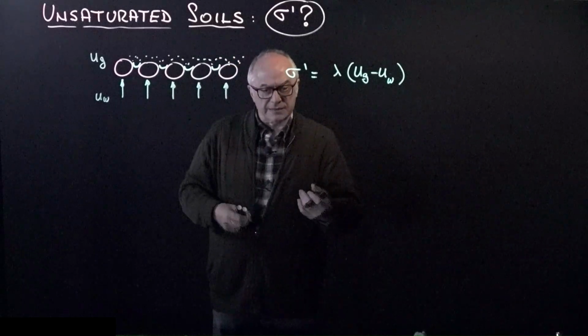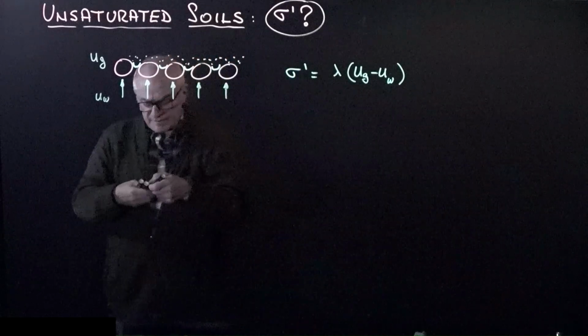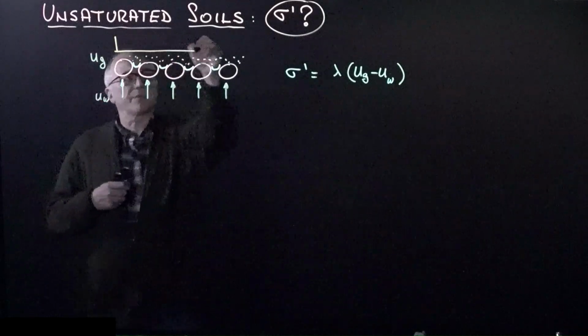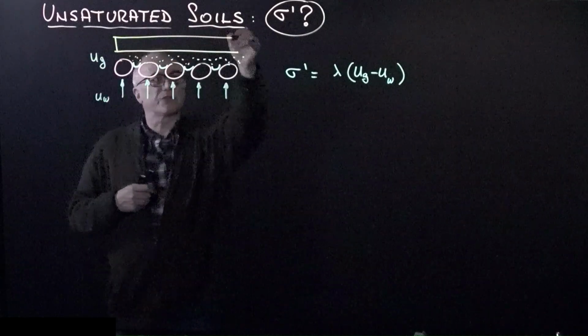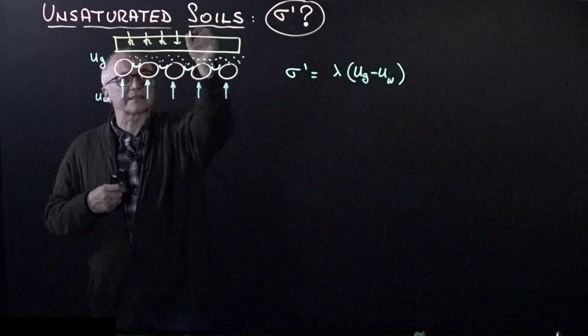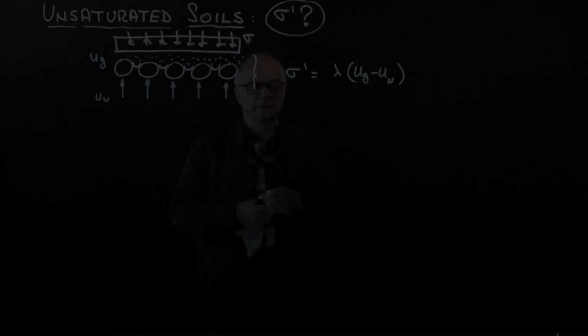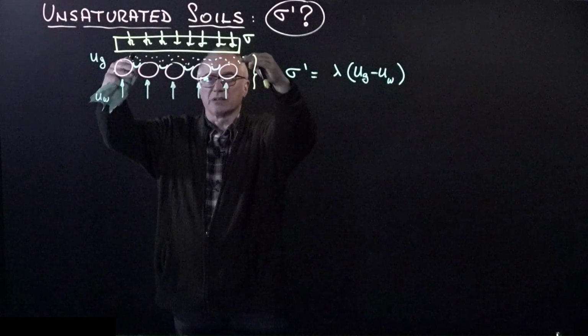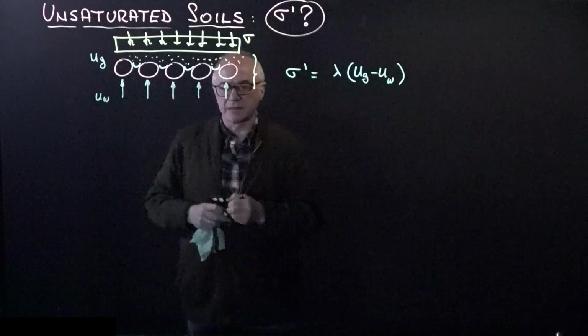As a second step, we could have a similar system, but we add a slab to apply a boundary stress, sigma. The previous equation applies to the initial condition before I add a slab.